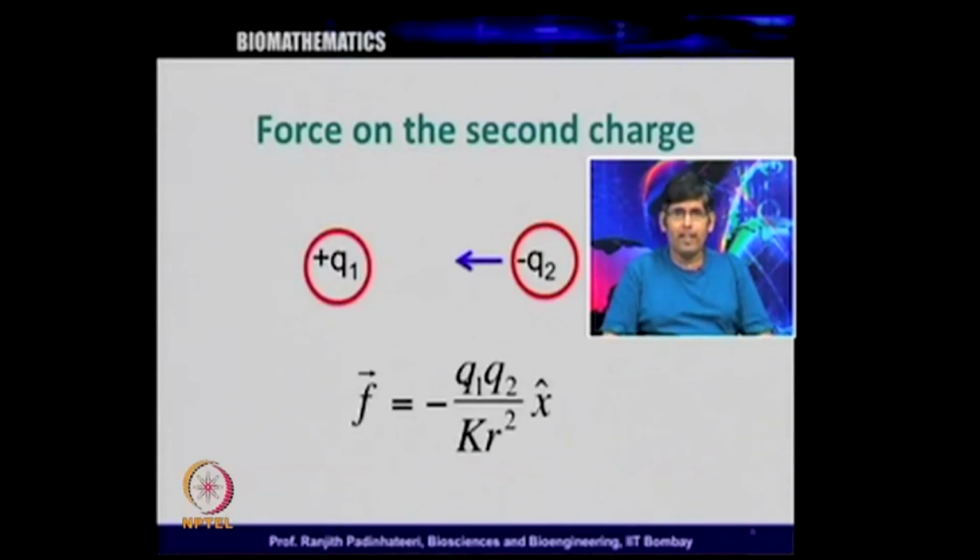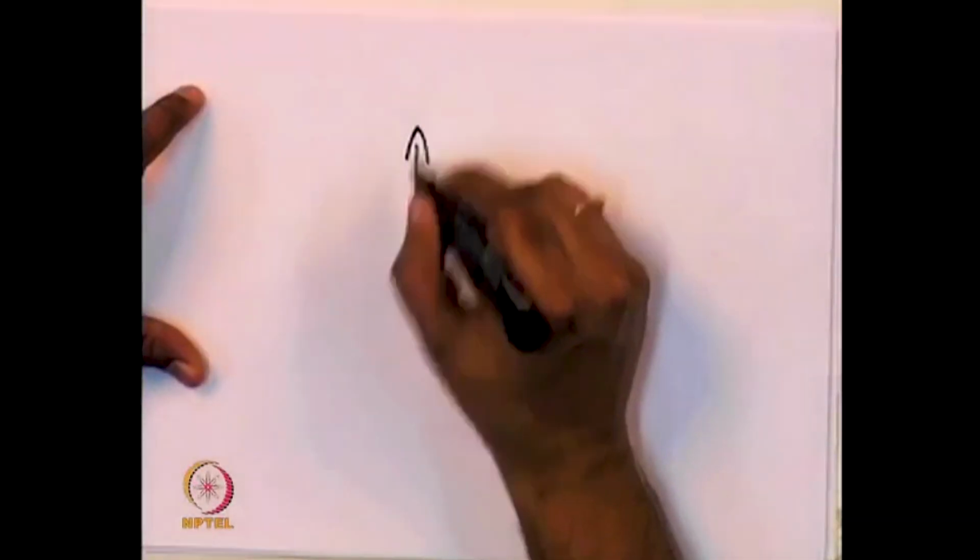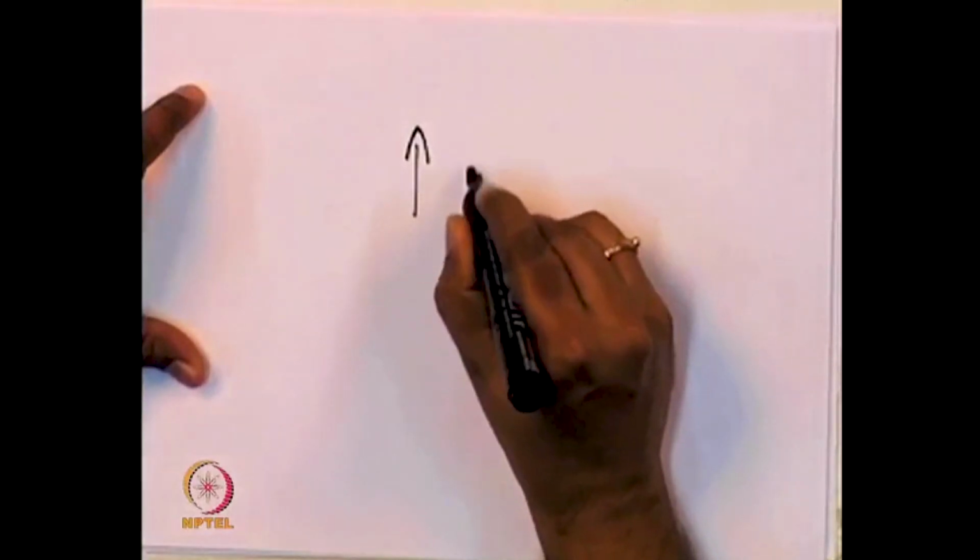So we learned a new way of telling the direction by putting x cap, which is a unit vector along the x-axis. Similarly, you can put a unit vector along the y-axis. If something is along the y-axis, have a look at this paper here, you can put y cap.